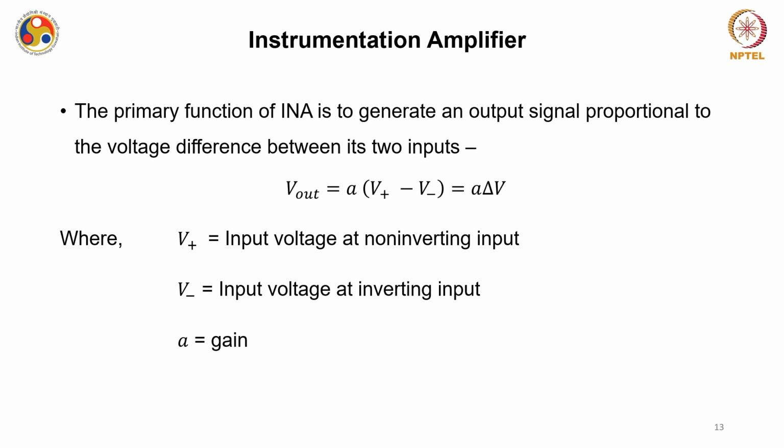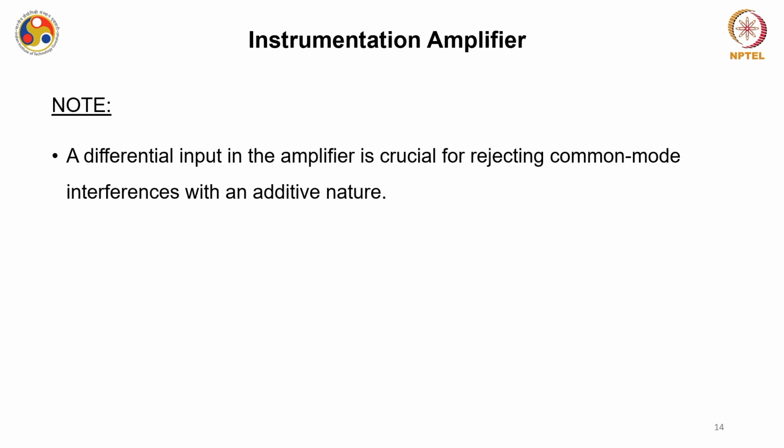So if alpha is the gain, whatever be the delta V, you just multiply it with that and you get the output voltage. If alpha is the gain and V plus is the input voltage at non-inverting and V negative is the input voltage at inverting, your V out is basically alpha into delta V.